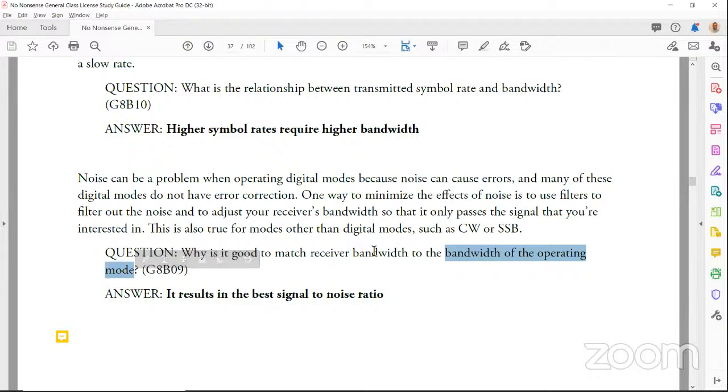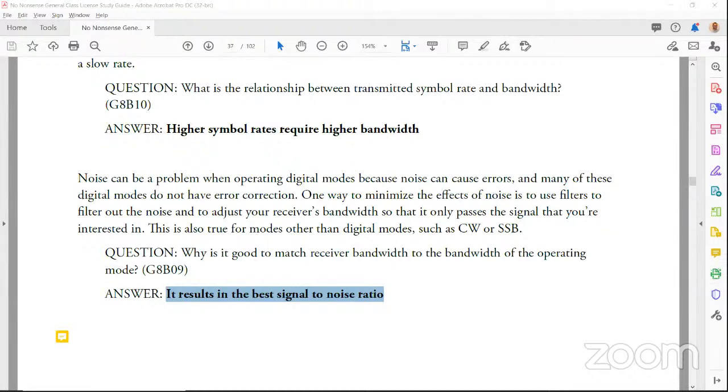And we had said that when we do that, we get the best signal to noise ratio, the highest signal to noise ratio, when we filter out the unwanted information and we focus, laser focus, on the signal that we want with our receiver, using the mode that we are using. So whatever that mode is, we use the appropriate filter or the appropriate notch or the appropriate receiver bandwidth setting for the mode that we are using.